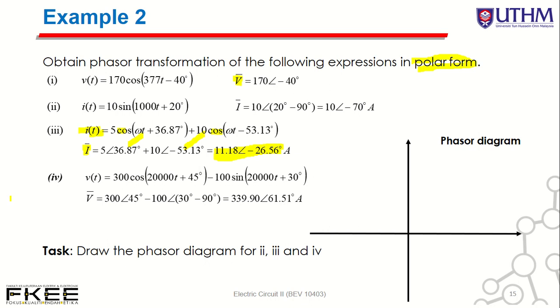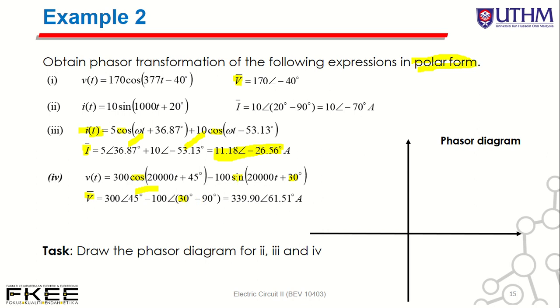Similarly for question 4, v(t), you have a cos function, but this one you have a sin function. Cos function you can directly convert to polar form. Capital V equals 300 angle 45, directly convert. But this sin function with 30 degrees, you have to minus 90 because you have a sin function.